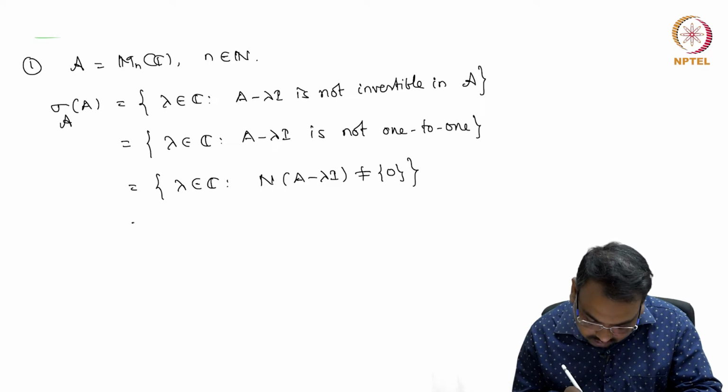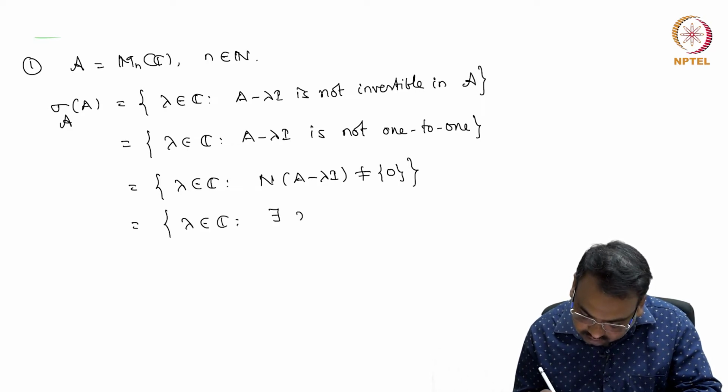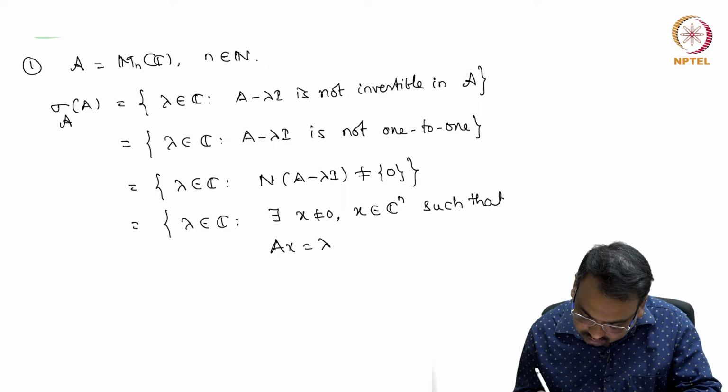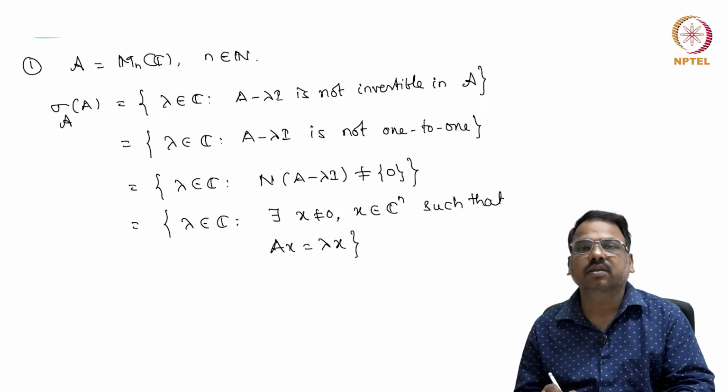So this is the set of all lambda such that there exists x non-zero in C^n such that Ax equals lambda x.